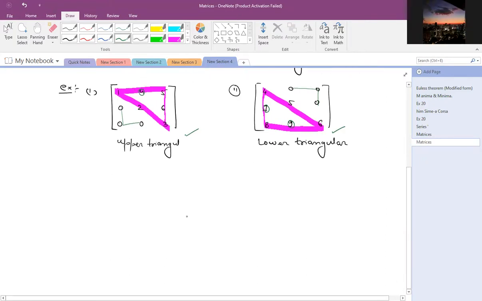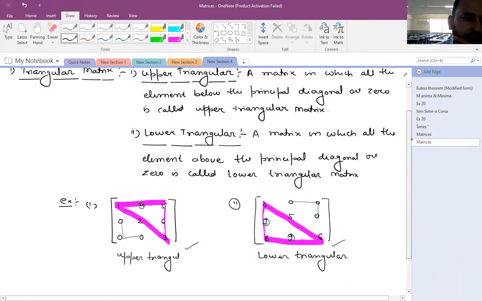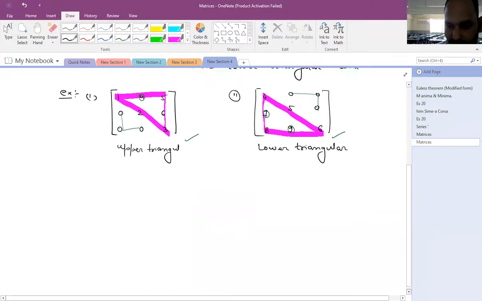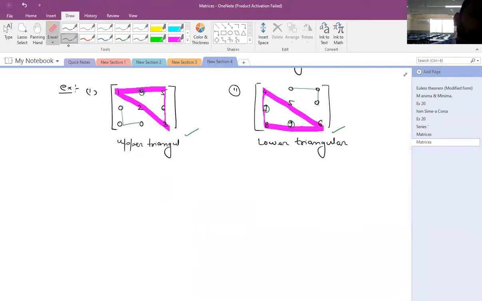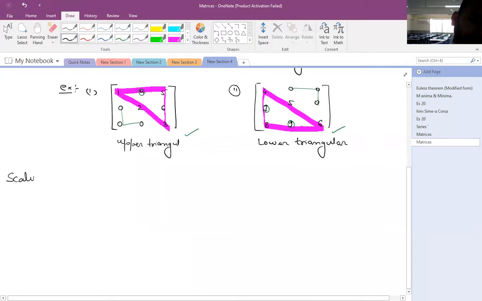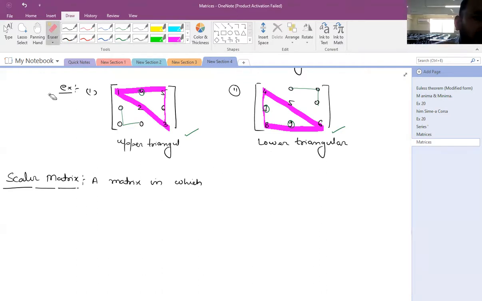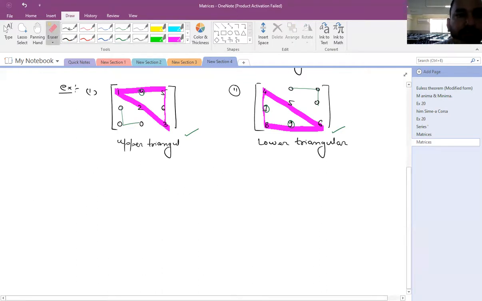Okay. Now scalar matrix. Before scalar, I should define diagonal matrix.